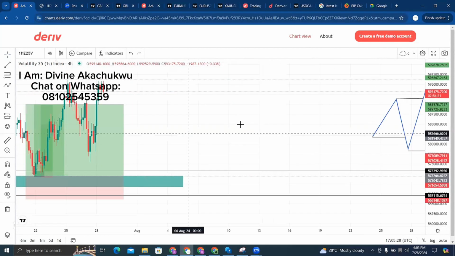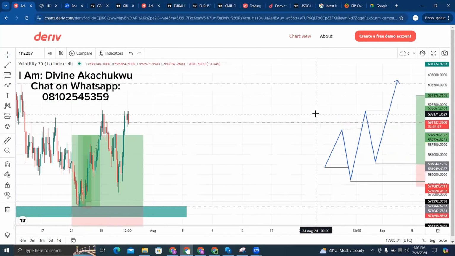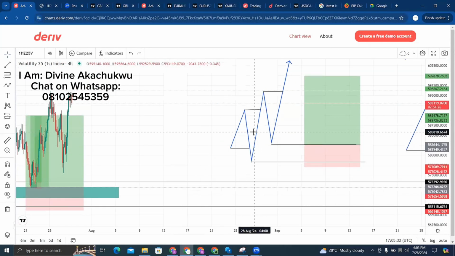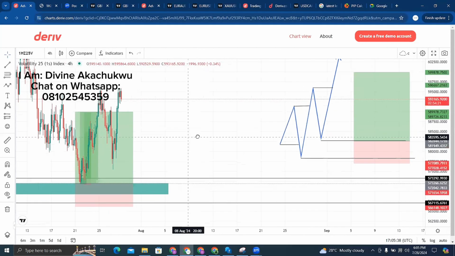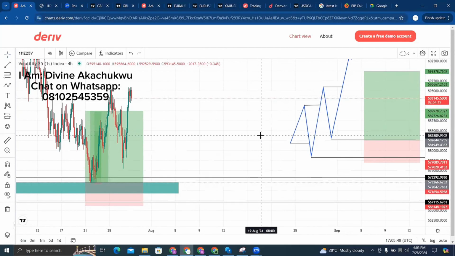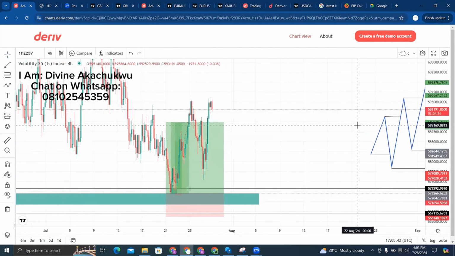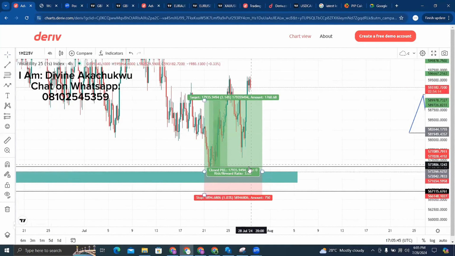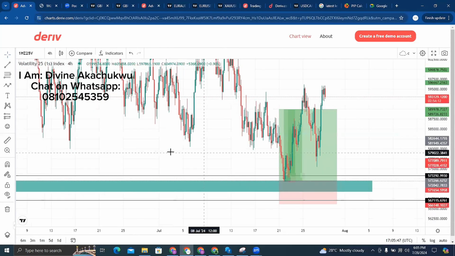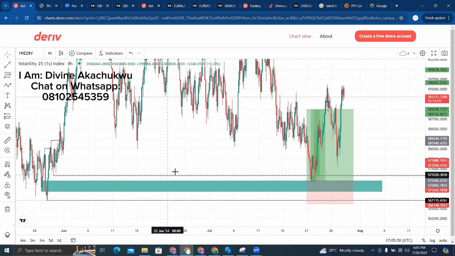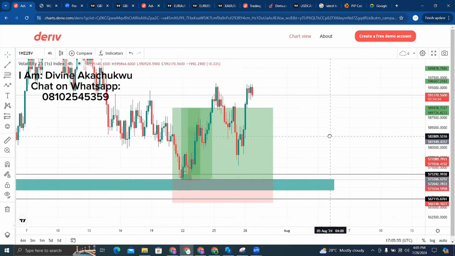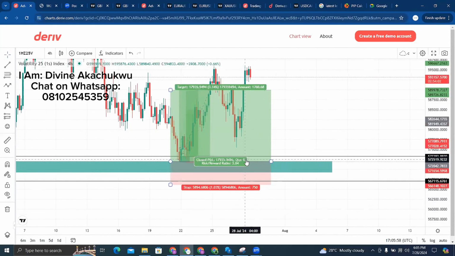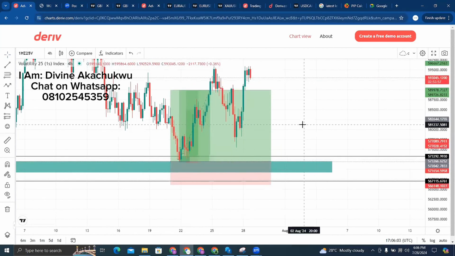So this entry model can also happen in the 30 minute time frame. But I would suggest you use it most of the time for confirmation from the 30 minute time frame. You mark your chart from the 4 hour, take your entry from the 4 hour. Then if you want further confirmation, you can look for that entry model in the 30 minute time frame.